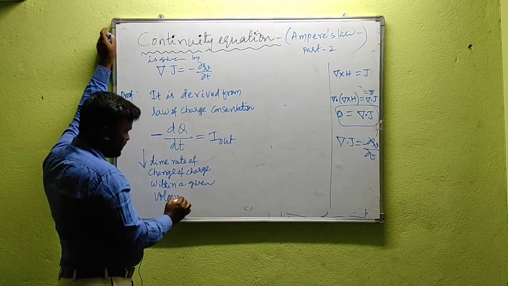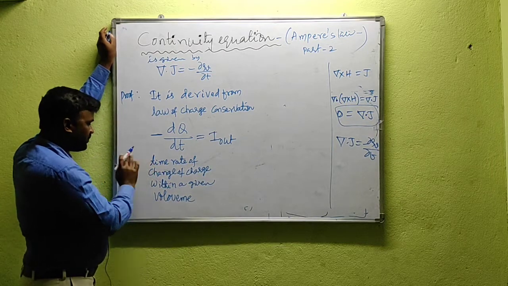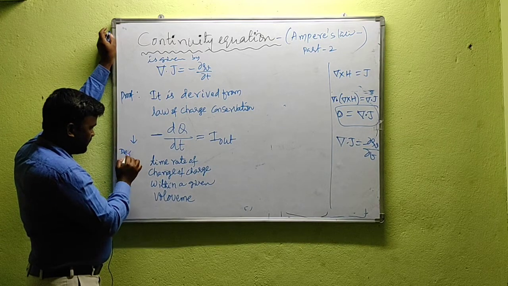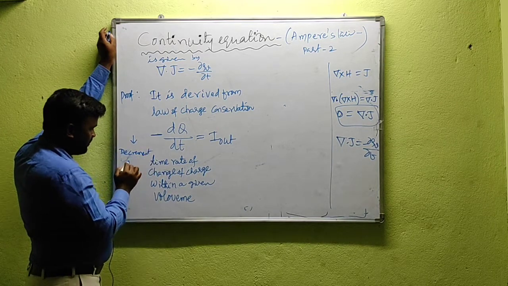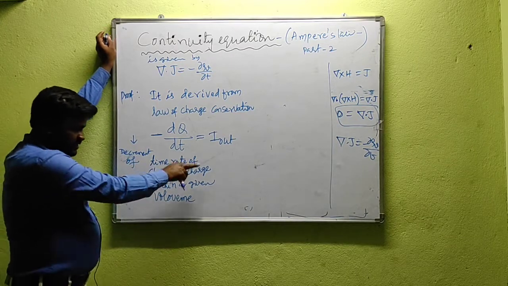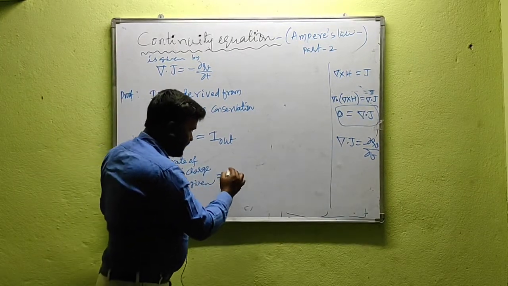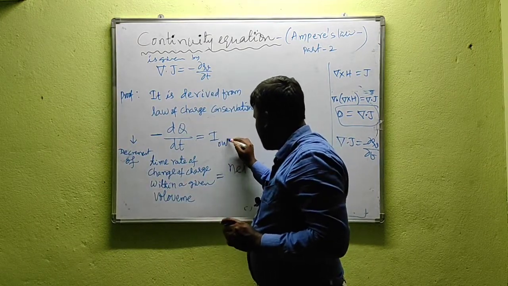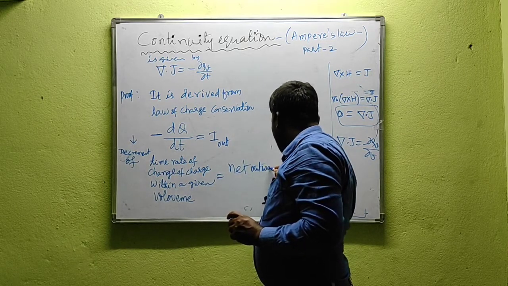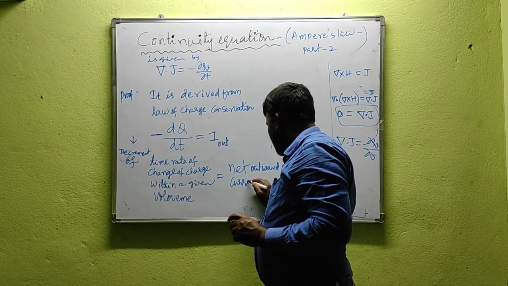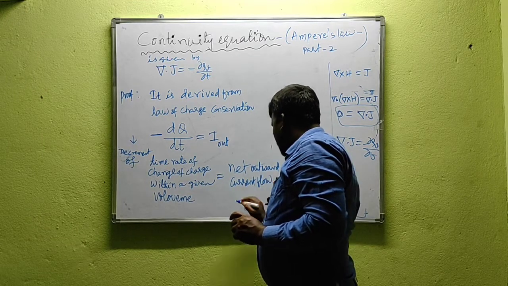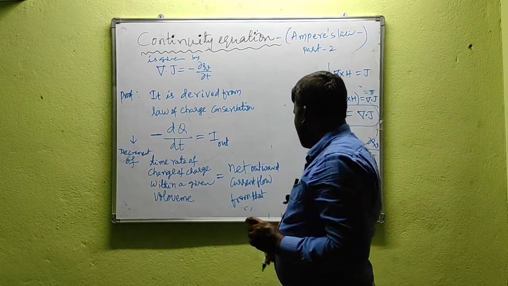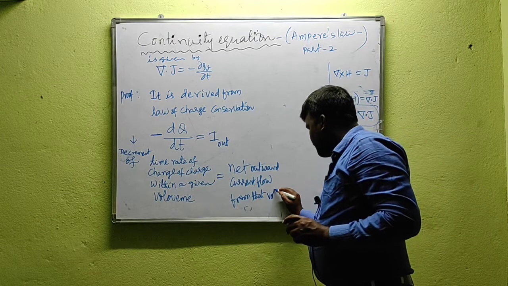On the left hand side, this decrement of time rate of change of charge within a given volume is equal to the net outward current flow from that volume.